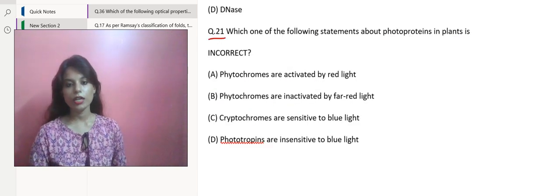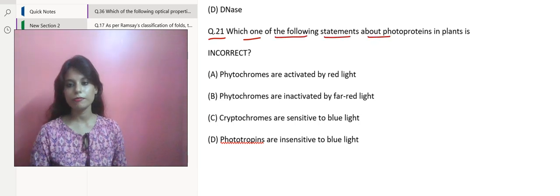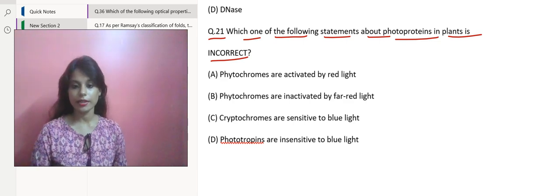Let's talk about the last question for today's class, which is: which one of the following statements about photoreceptors in plants is incorrect? Now, the incorrect one is phototropins are insensitive to blue light. This is incorrect. Okay.